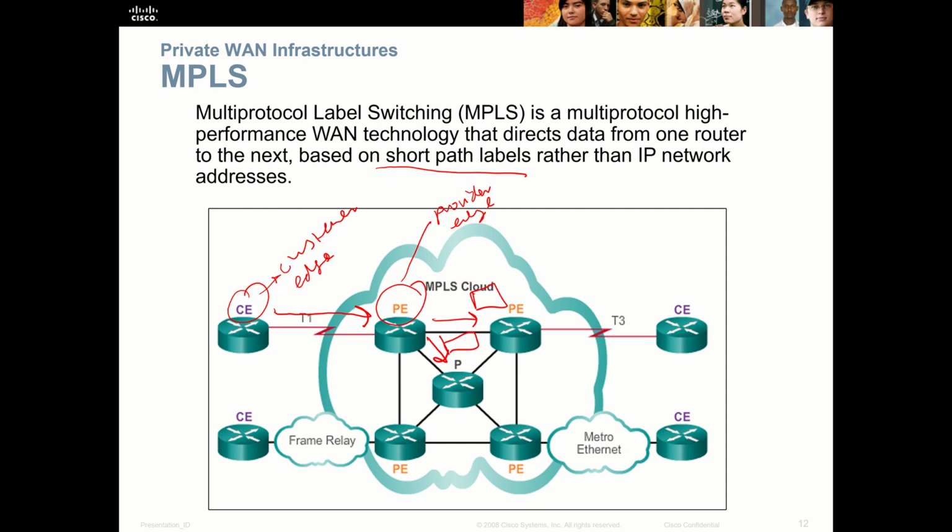So basically we are not forwarding the packet using the IP address, because if you are forwarding a packet using the IP address, the forwarding is done on layer 3. But now, because each packet is labeled at the next router, we are actually doing switching rather than routing.